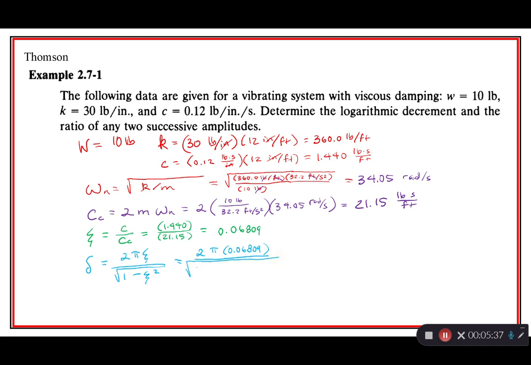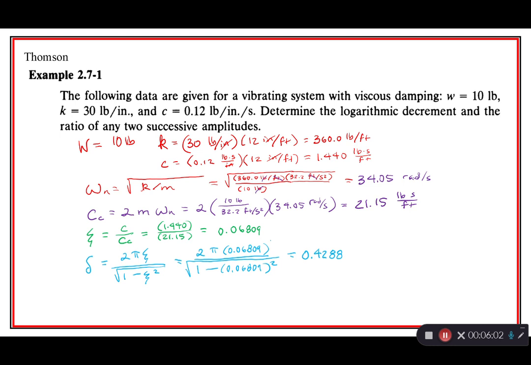We'll see 1 minus 0.06809 squared. You can see that that squared is going to be a pretty small number in the bottom, so it won't affect the actual outcome. So we have 0.4288 as our log decrement, and noticeably it has no units, just like our damping factor has no units.